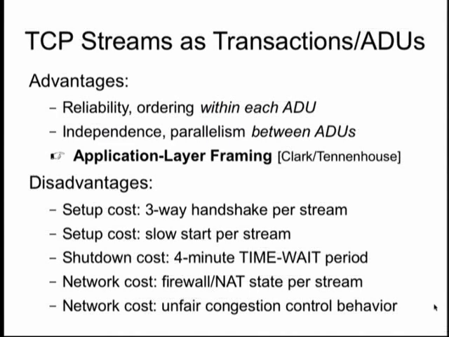After you close the stream, you have to keep the state around for 4 minutes, at least on one side. Then it has costs in the network, in state, in middle boxes, network address translators, and firewalls. And finally, if you've got an application that uses 10 concurrent streams, then that application is being 10 times as aggressive as the application it's competing with that's only using one stream.